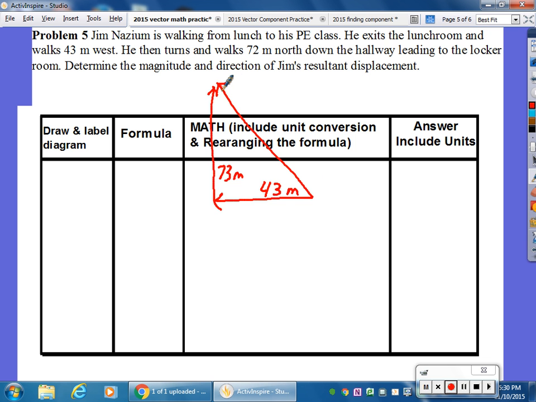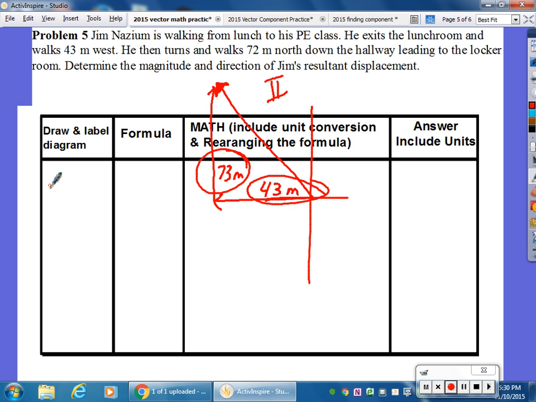This is connected head to tail, so you know that the direction here is going to be in quadrant 2. So it's going to be between 90 and 180 degrees. Keep that in mind when we do the inverse tangent. So let's talk about it: here's the x component and here's the y component.